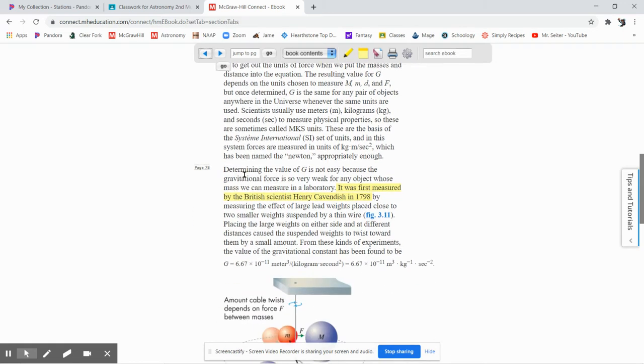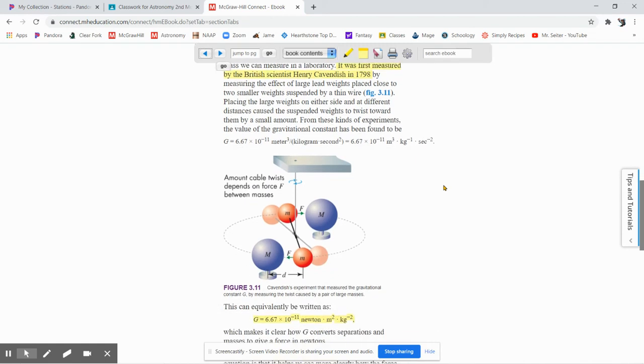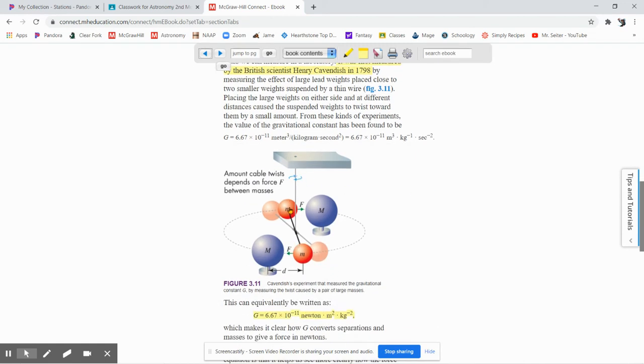This value of G, the universal gravitational constant, is not easy to measure because gravitational force is so very weak for any object whose mass we can measure in a laboratory. But it was first measured by the British scientist Henry Cavendish in 1798. What he did was he hung two smaller masses by a wire, and then he had two larger masses on the tabletop.